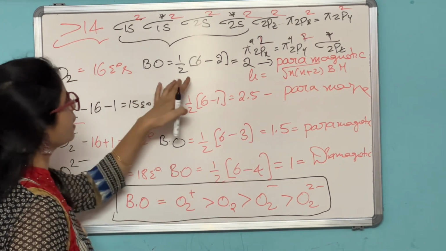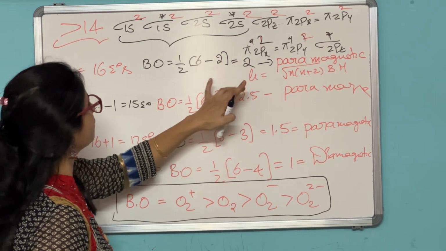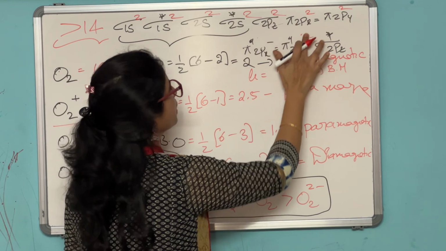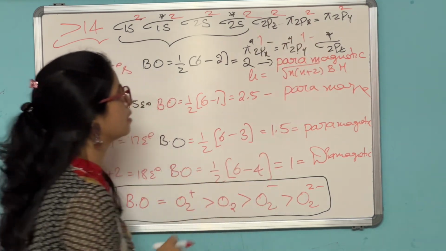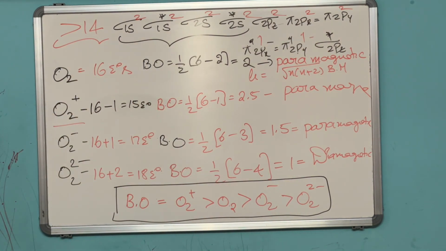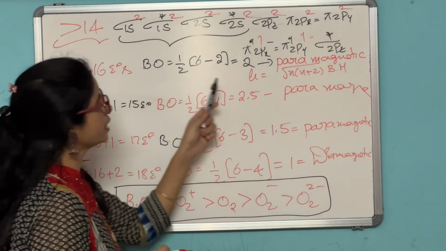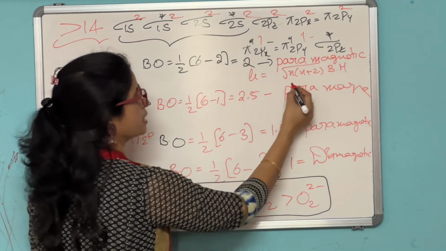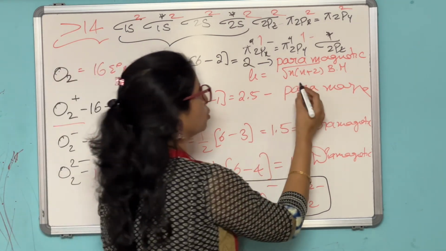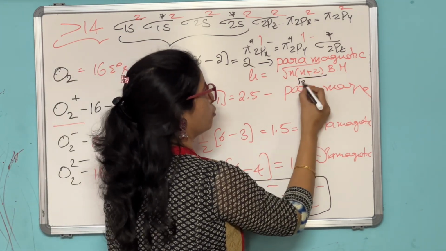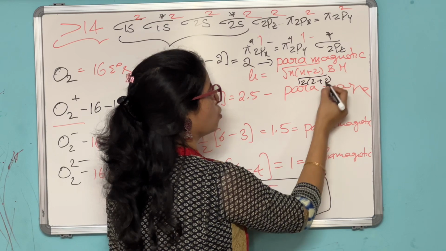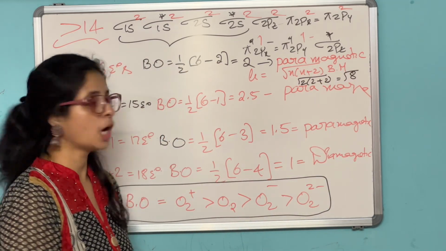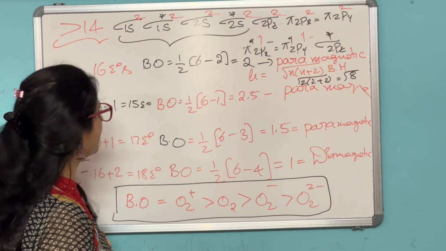For oxygen with 16 electrons, there are two unpaired electrons, so n is equal to 2. Square root of 2 into 2 plus 2, square root of 8 Bohr magnetons.